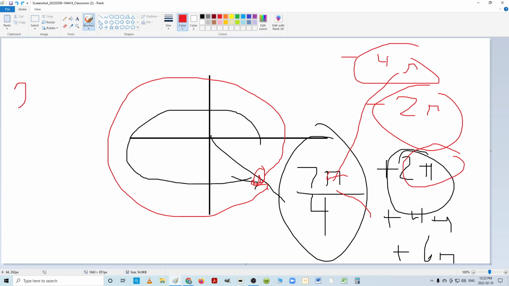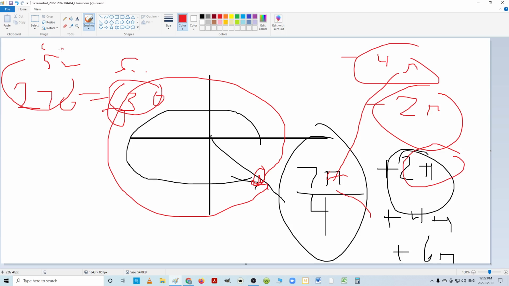Same with the angles. If I add 360 to 270, what's 360 plus 270? It's 630. That means 270 is coterminal to 630. They are the same angle. They will have the same sine and cosine and tangent results. Let's see if that's true. Let's take the sine of 270.